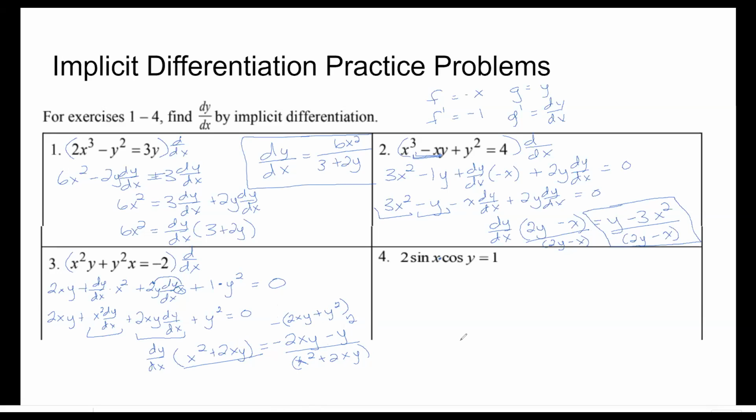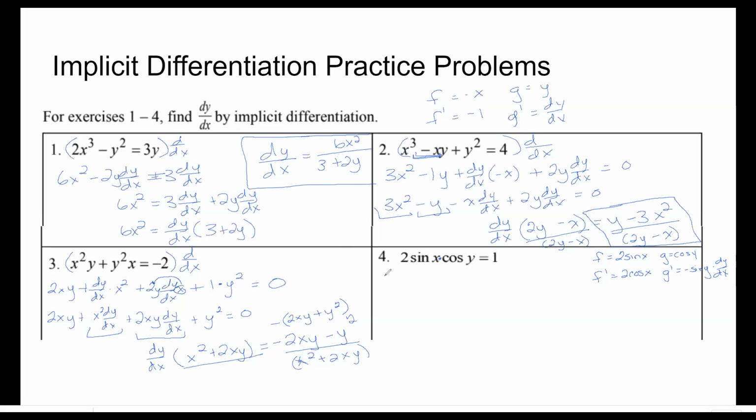All right, last one. Again, we have the product rule here. So because I'm dealing with trig functions, I'm going to come off to the side here. I'm going to say I have f is 2 sine of x. So f prime is 2 cosine x. And then g is cosine y, which means g prime is going to be a negative sine of y times dy dx.